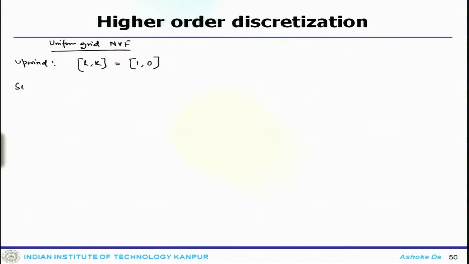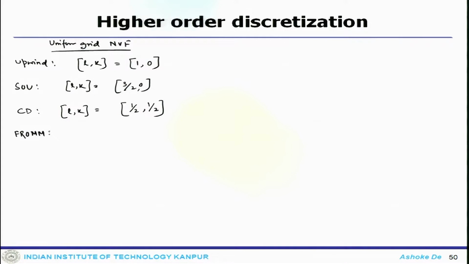Second order upwind has L and k as 3/2 and 0. For the central difference scheme, the values would be half and 1/4. For QUICK, the values would be 3/4 and 3/8.